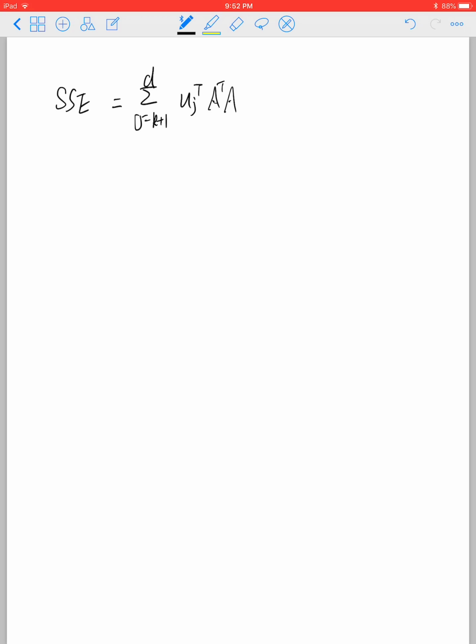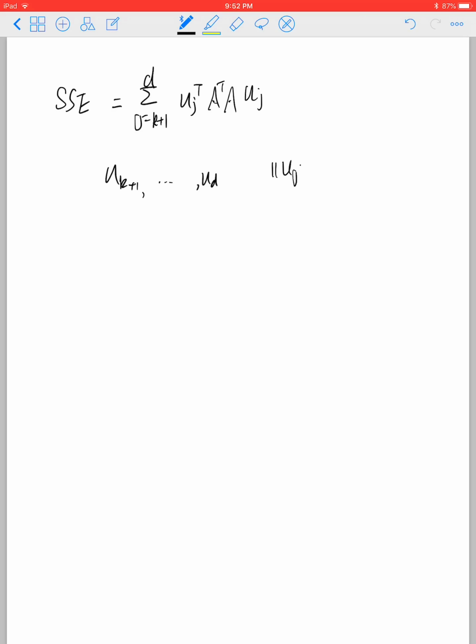So which is simply the summation from k plus 1 to d of the inner product between each uj and x times uj, and you add those projected vectors onto UK plus 1 to UD together, and you calculate the square norm of this added vector. You get this result.